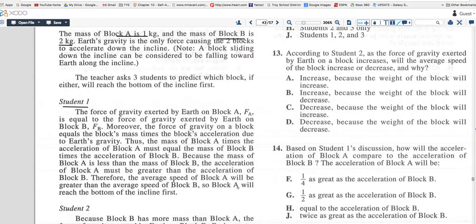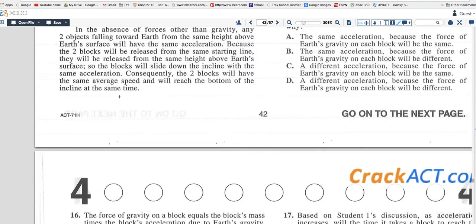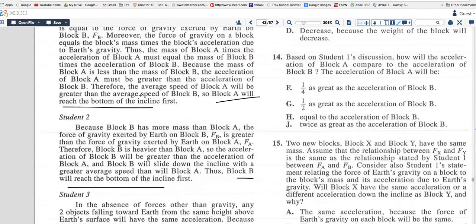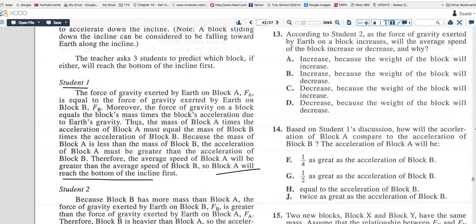Yes. Block A will reach the bottom first. Next one. What is student 2 saying? Block B will reach the bottom first. And then student 3 says they're going to reach the bottom at the same time. So they're all conflicting hypotheses. Everyone says the other person's wrong.